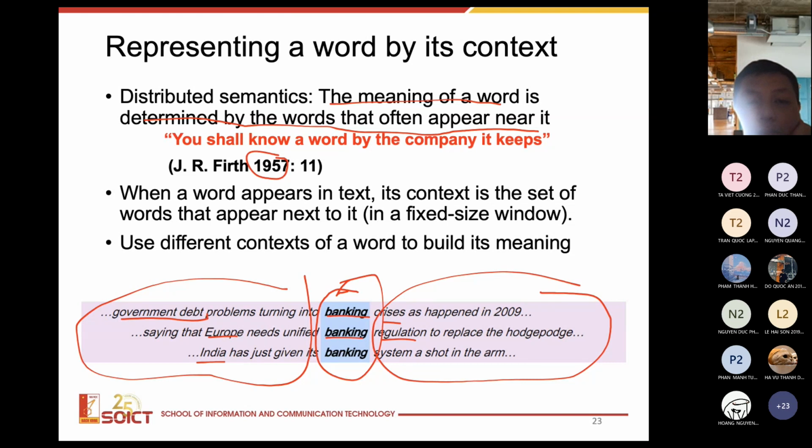So the idea of representing the word by context is named distributional semantics. In this approach, we leverage the different contexts of a word to build its meaning, to represent its meaning.